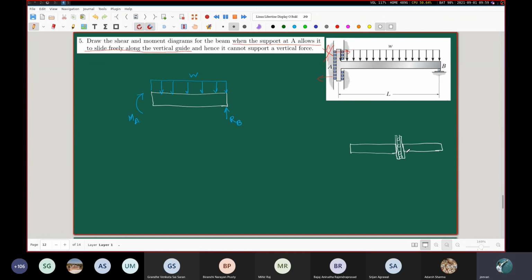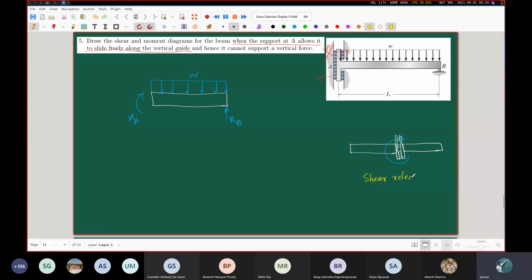But you understand that there will be a couple arising because of the normal forces from these rollers. Now this kind of a situation where you do not have the presence of any vertical force is sometimes referred to as a shear release mechanism.